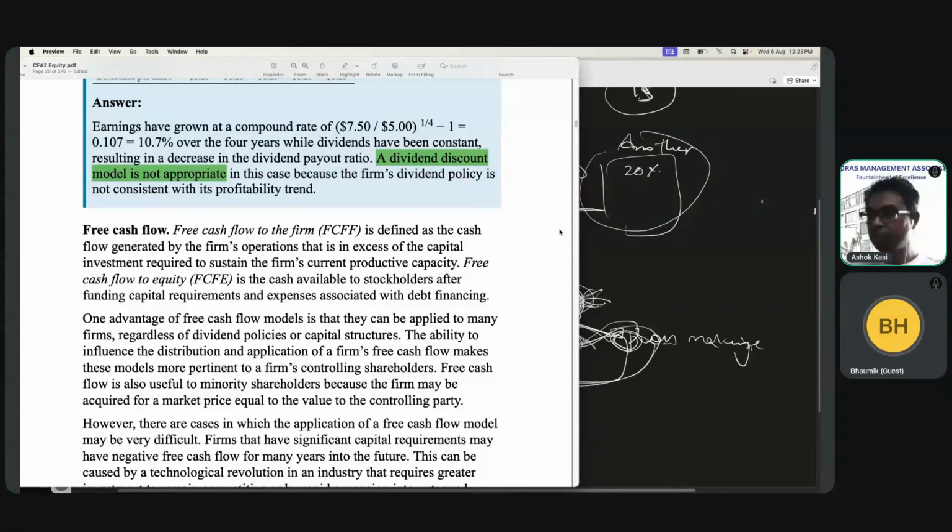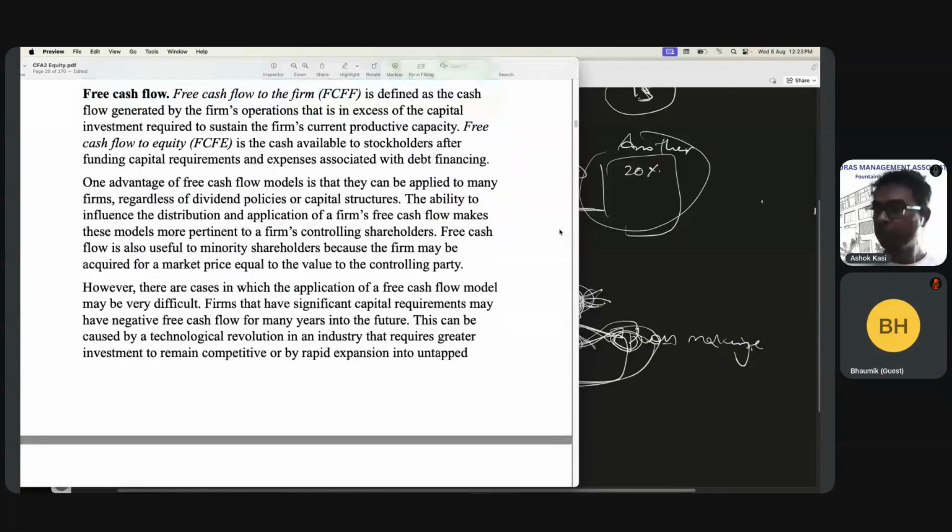And then you can further filter some companies where you can use the dividend discount model. Okay. Then free cash flow to the firm. Now I'll just repeat what we did in level 1.